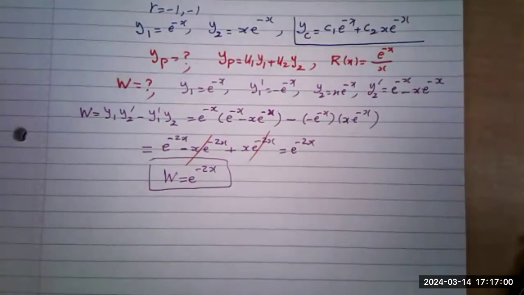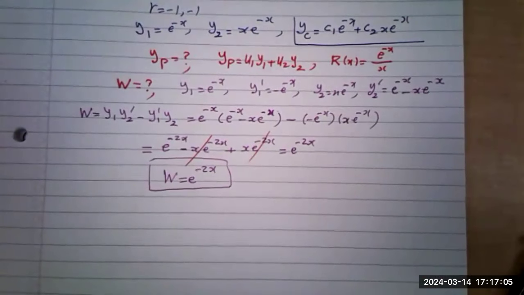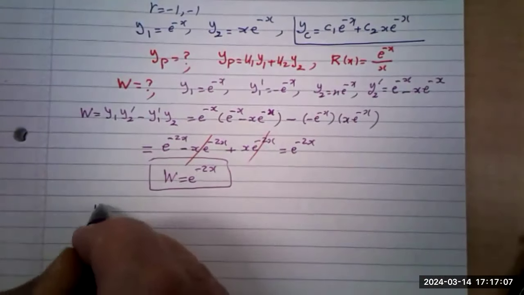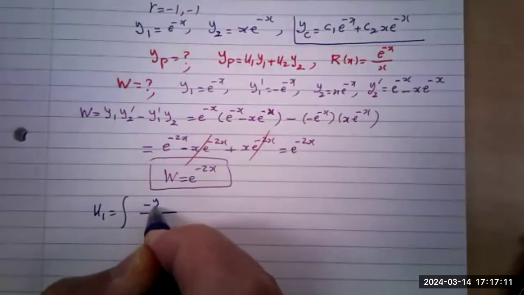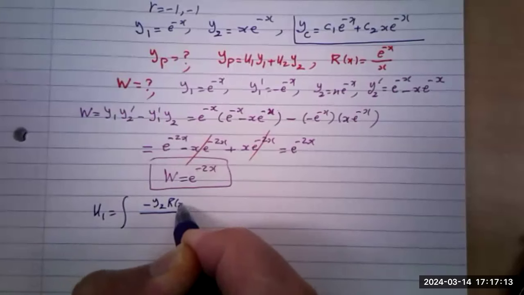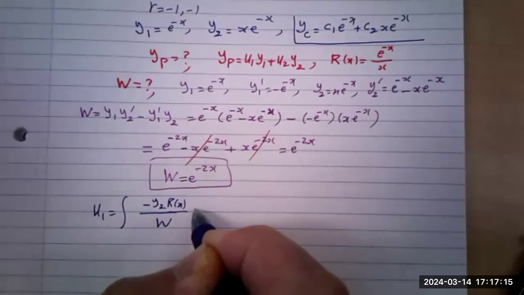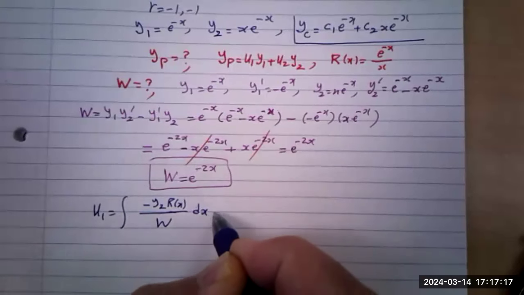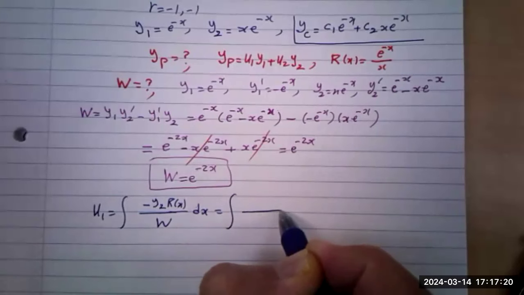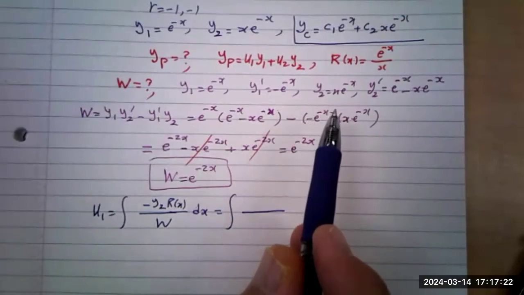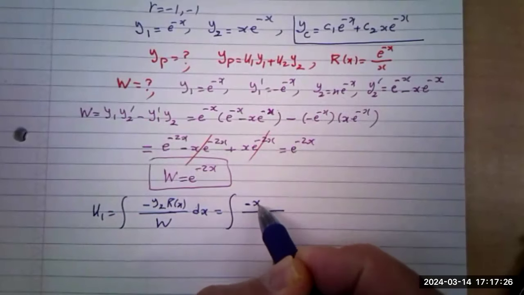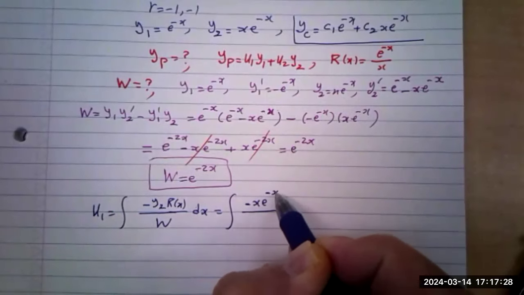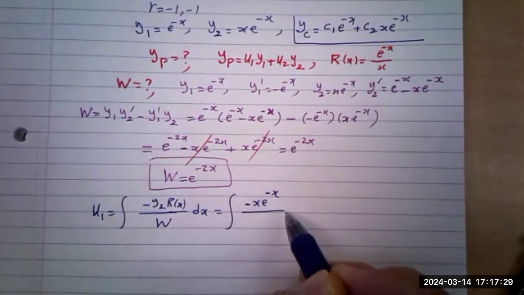So now we bring in the u1 and the u2, to see what type of format they are going to be. So we go with the u1, which is the integral of negative y2 r of x over the Wronskian, dx. Okay, it's going to be the integral of negative y2. So y2 is x e to the negative x, so it's going to be negative x e to the negative x, okay, times the r of x.